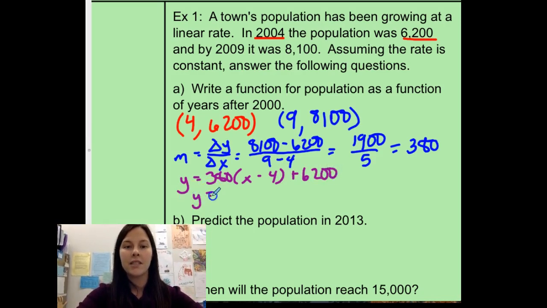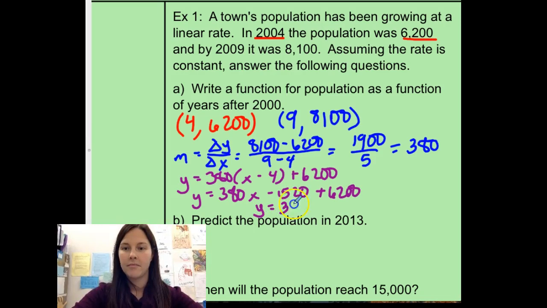Distributing that slope and simplifying, we will get our equation in slope-intercept form. And we have a y-intercept of 4,680. What that y-intercept represents is the population in the year 2000, because that's what we called our starting point.